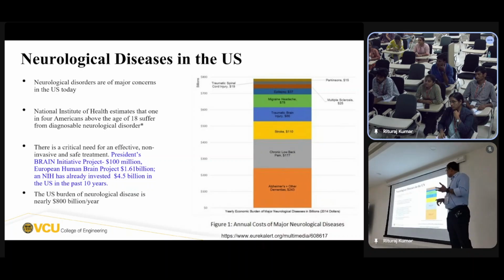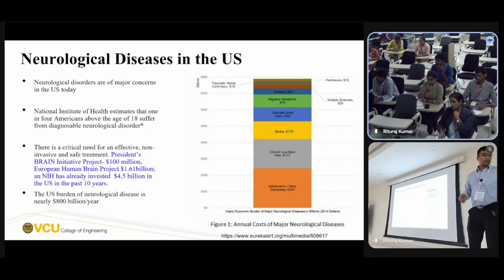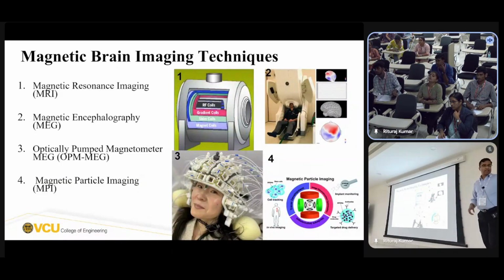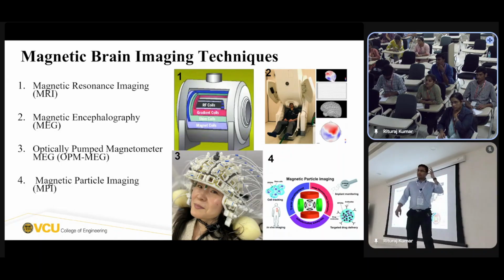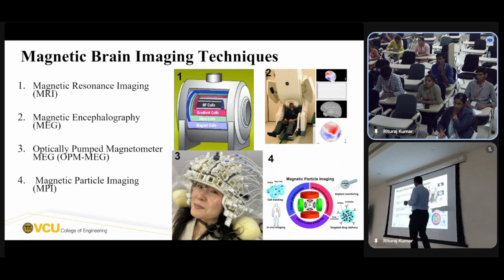And there is something called MAG, okay? MAG is magnetoencephalography. Encephalography means mapping the brain. There is also the optically pumped magnetometer, or OPM MAG. Both are still under research. This is very expensive. You need $10 million to set it up.